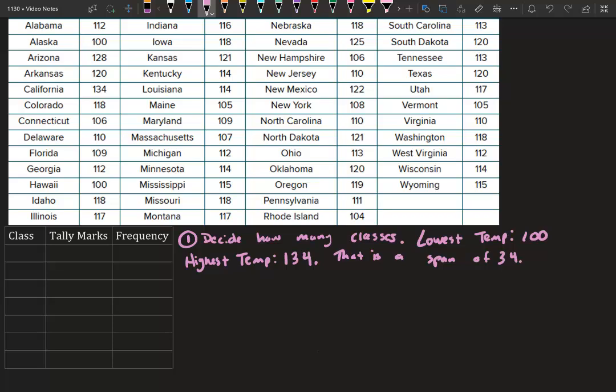And if you think about it, we have 50 data pieces because we have 50 states. So we have 50 data pieces with a 34 span. I'm going to say let's use 7 classes. It's up to you. This is 100% up to you.